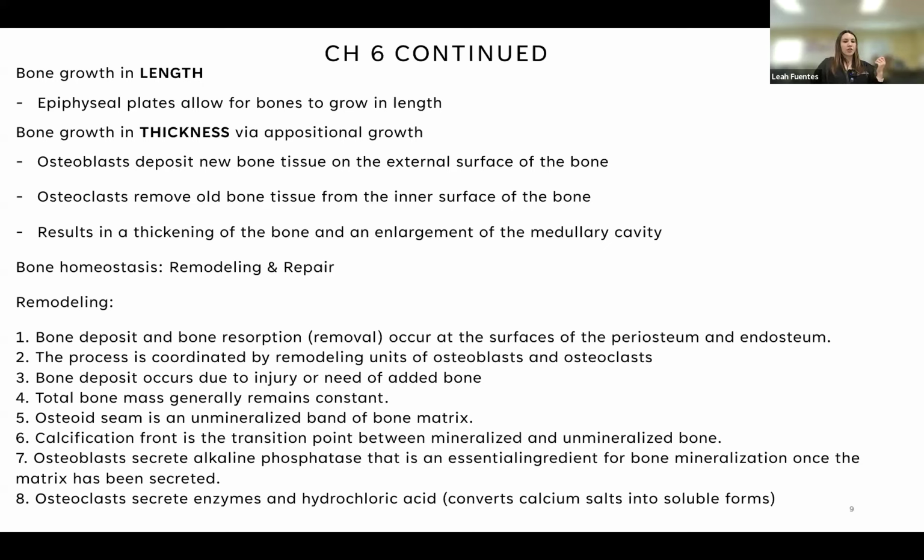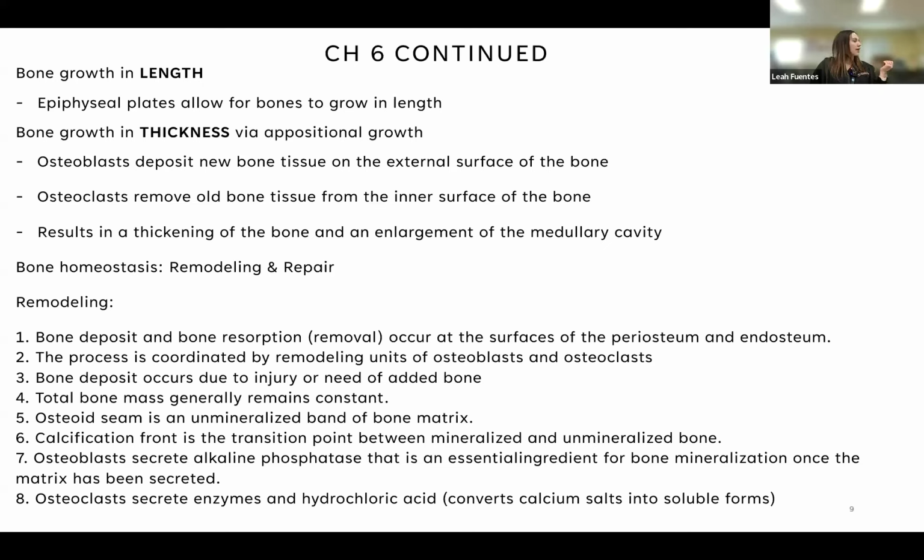The bone deposit occurs due to injury or need of added bone. The total bone mass remains constant. The osteoid seam is an unmineralized band of bone matrix. The calcification front is the transition point between mineralized and unmineralized bone.